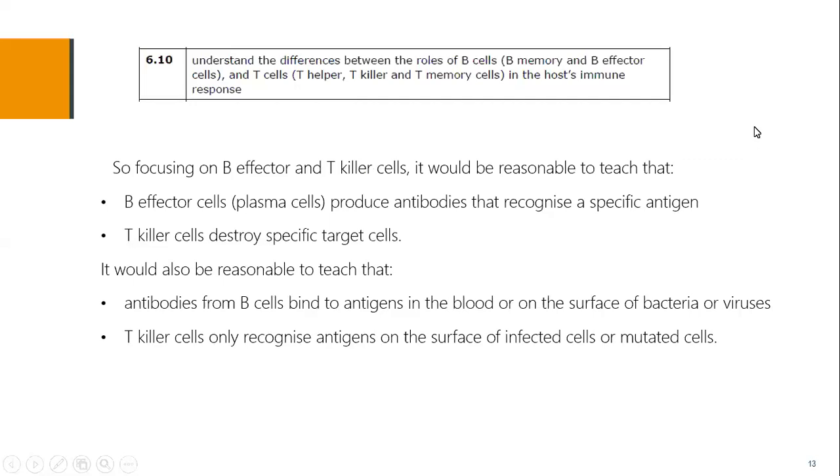If we move on, this is a specification point from topic 6. Understand the differences between the roles of B cells, B memory and B effector cells, and T cells, T helper, T killer, and T memory cells in the host's immune response.